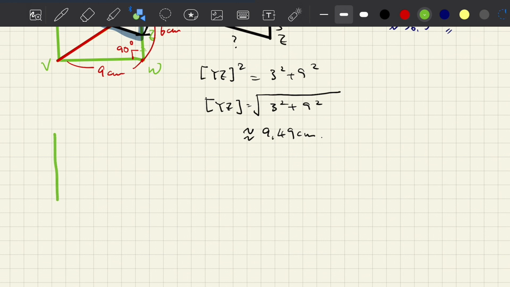So we can draw it like this. If I'm redrawing this triangle, this is U, and this is Y and Z, right?